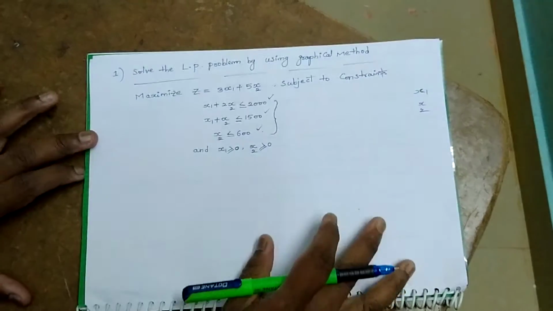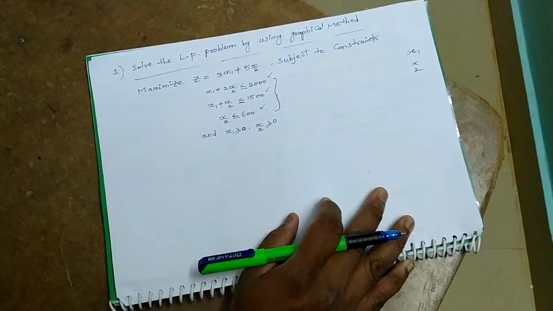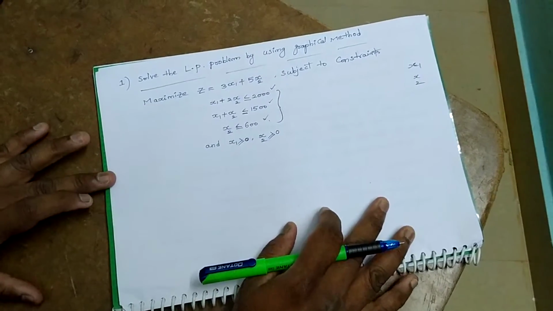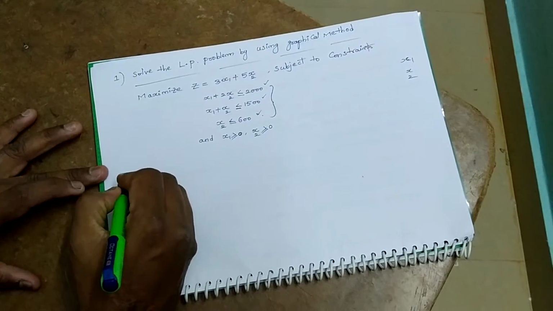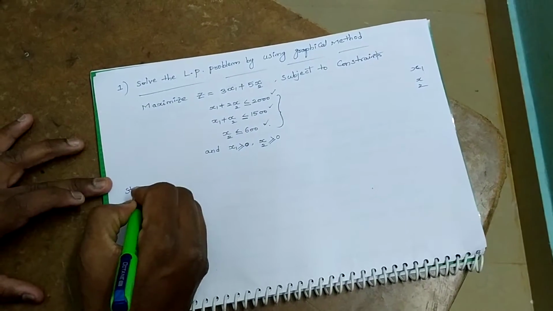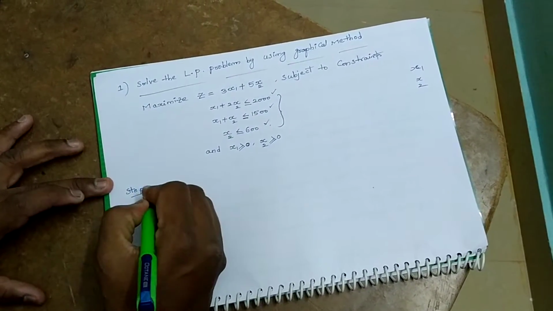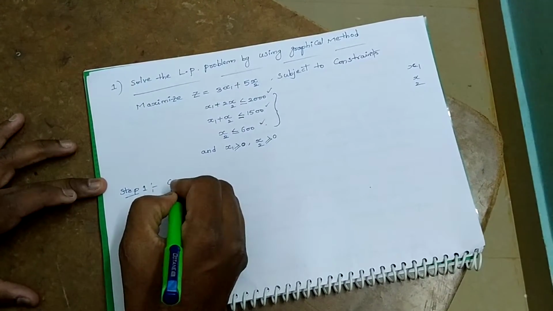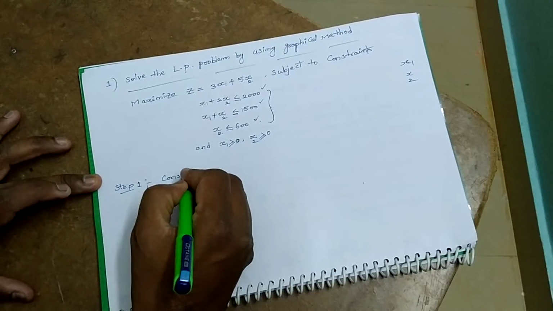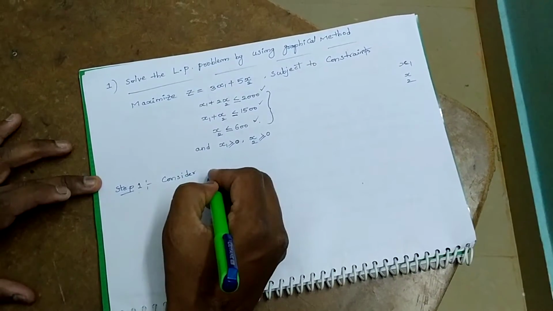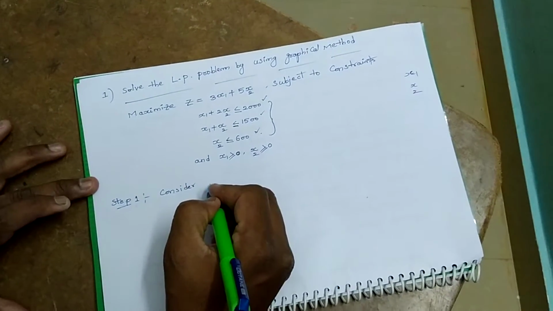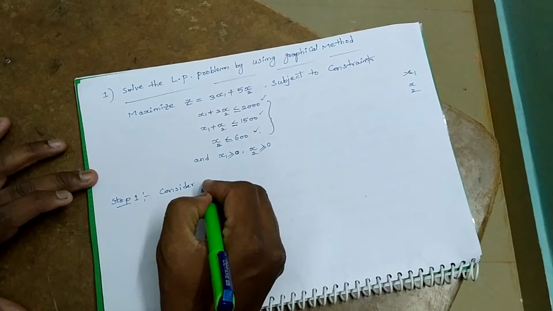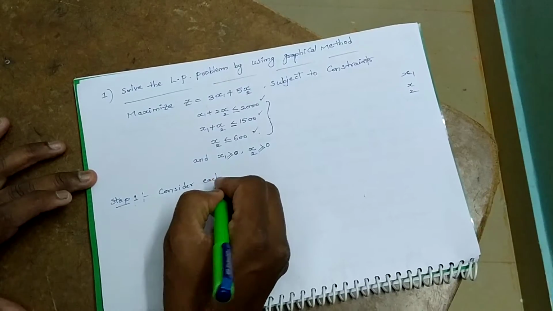I told you in the previous session that there are 6 steps to be followed in order to solve by the graphical method. What is the first step? Consider each inequality as an equation. That means each and every constraint in the form of an inequality is to be converted into an equation.